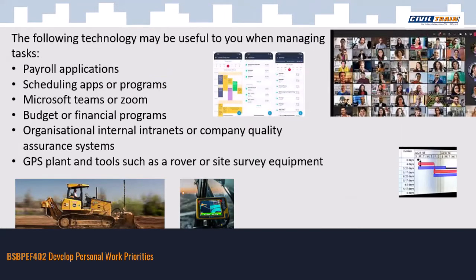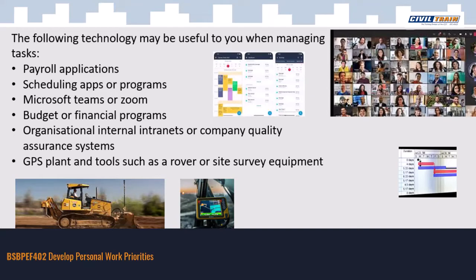So with using business technology, there are many things that we already use a lot of, payroll applications, no doubt. I don't know if anyone does manual timesheets anymore. It's all scheduling apps and programs, which we use a lot now. Microsoft Teams and Zoom, definitely something that we can thank COVID for.